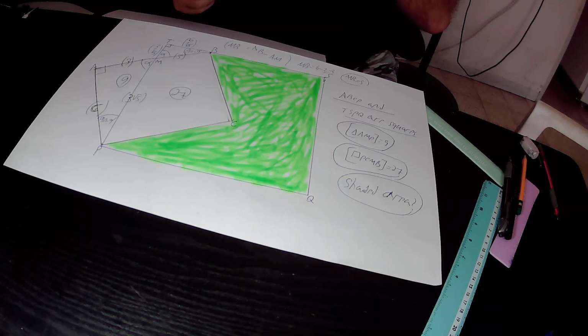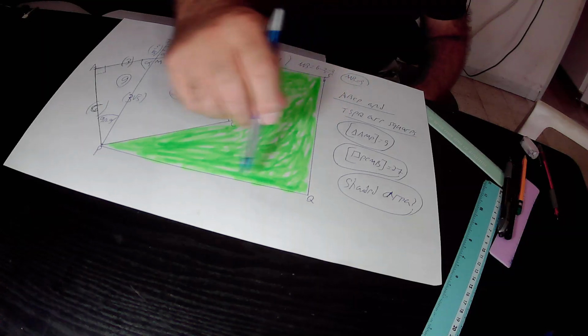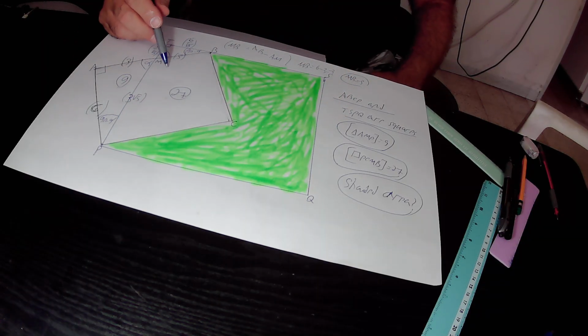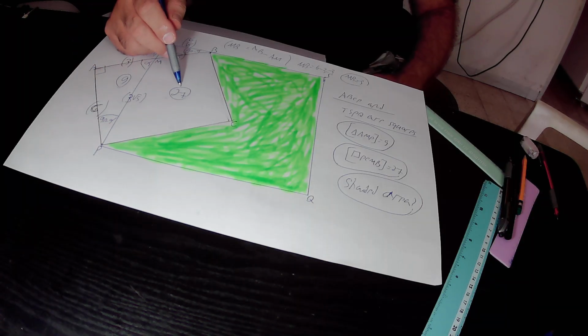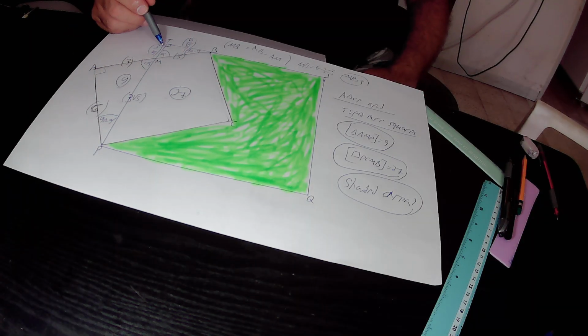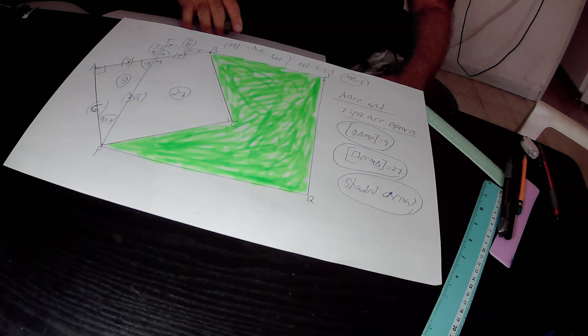Repeat again. The area of the green shape in total equals the area of the big square TSQP minus the area of this quadrilateral MBCP, that equals 27 square units in size, minus the area of this small right triangle TMB. So I write it down.